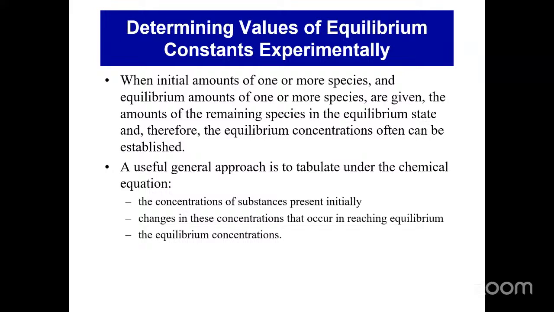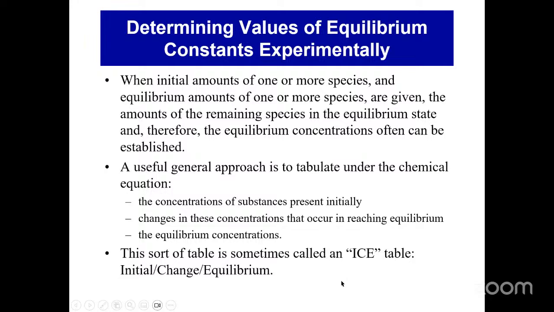The approach usually taken is that we start off with the concentrations of the substances present initially, before equilibrium, and then we determine the changes in these concentrations that occur when the system reaches equilibrium. Based on that, we'll have all the equilibrium concentrations and we can plug those values into the equilibrium expression. That's how we determine the Kc.